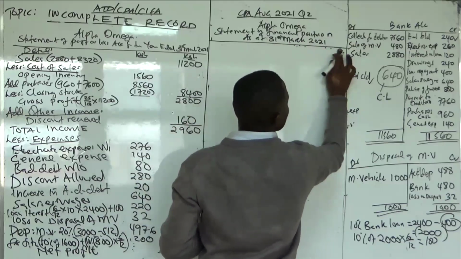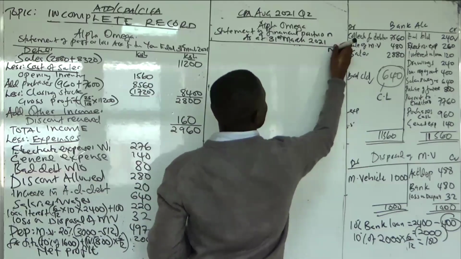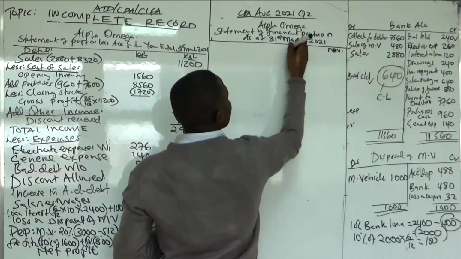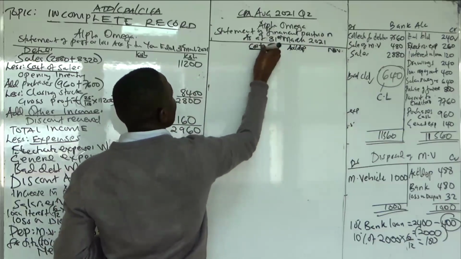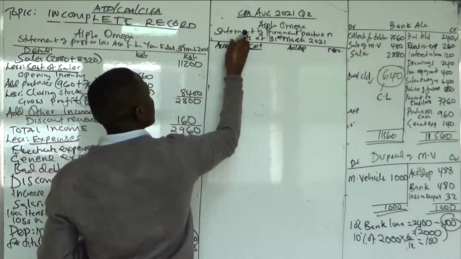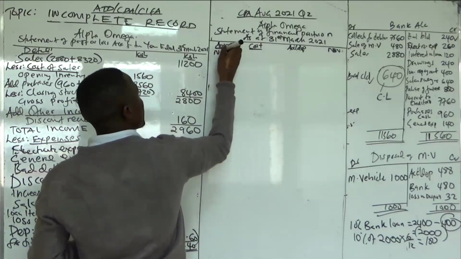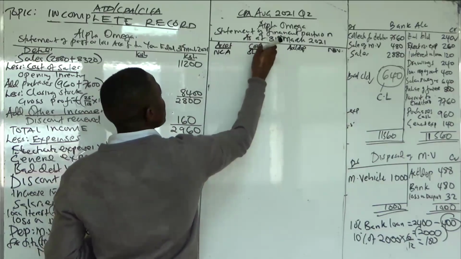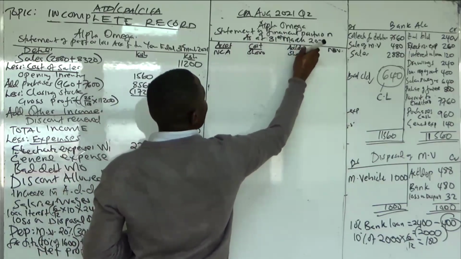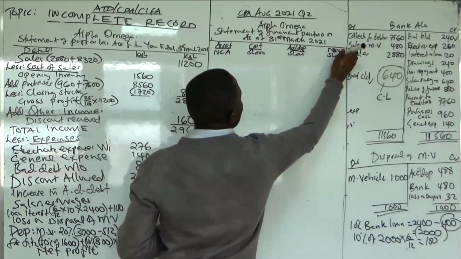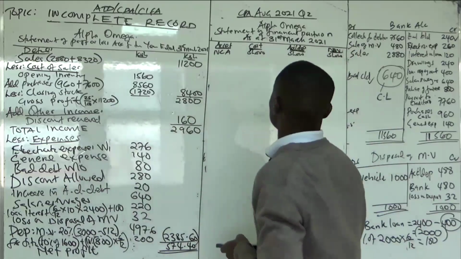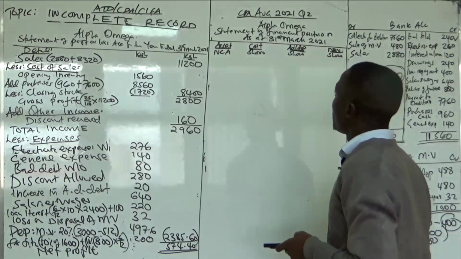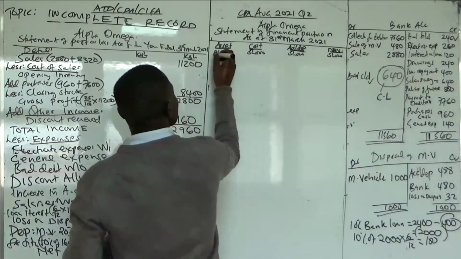Or we can start with net book value, accumulated depreciation, cost, then asset. We will have non-current assets. So at the end of the year, this statement of affairs was maintaining the beginning of the year. At the end of the year, now they are dealing here.